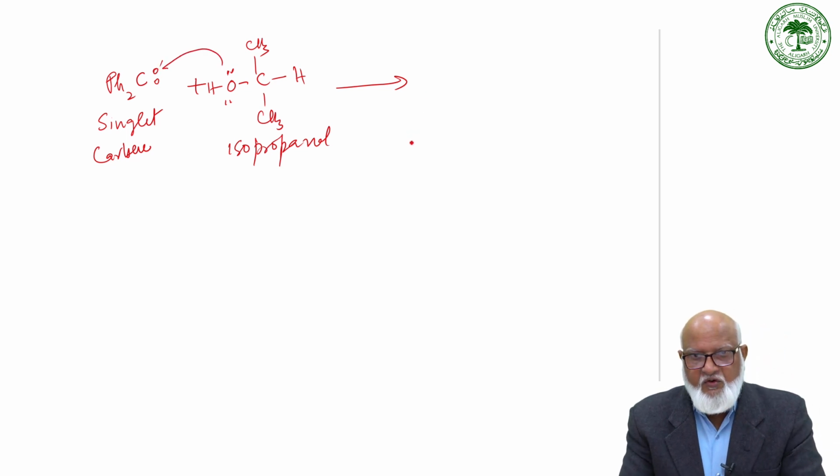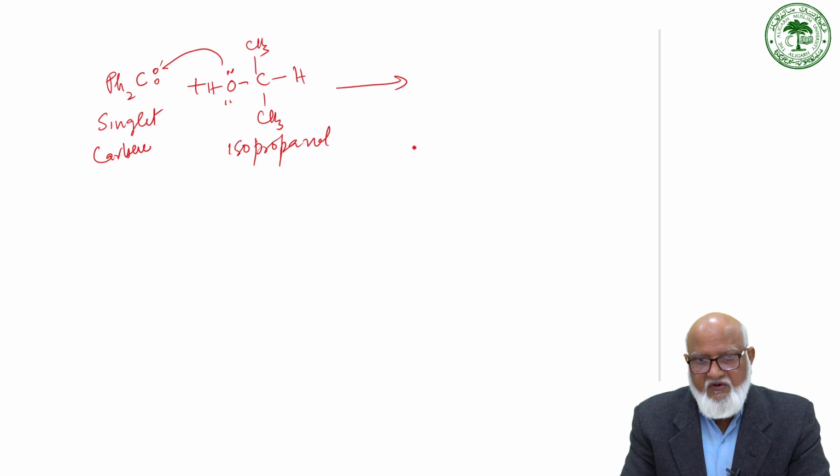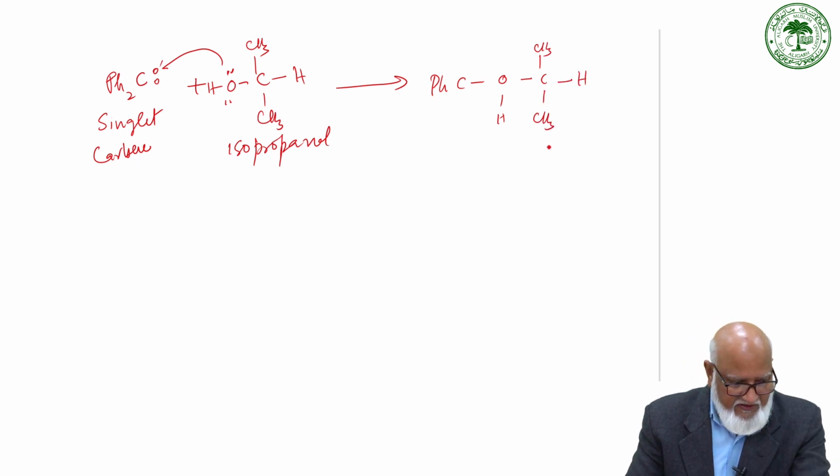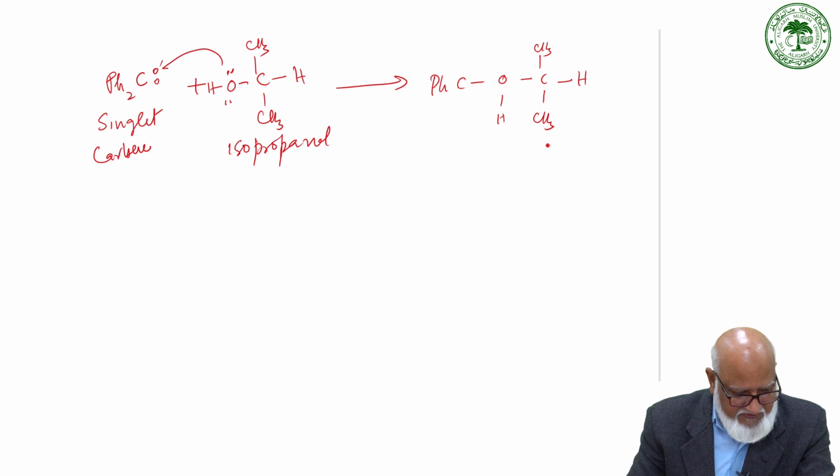So there is an attack of the lone pair of oxygen of the OH of the isopropanol to generate a Ph2C, O, H, CH3, CH3, and then this will have a positive charge here.